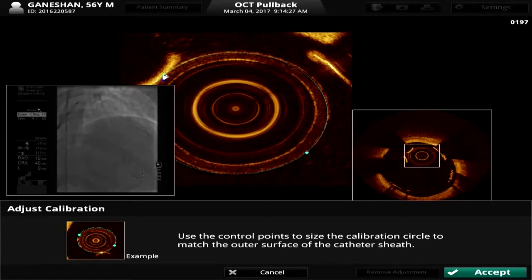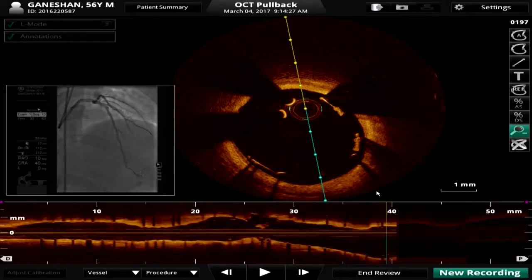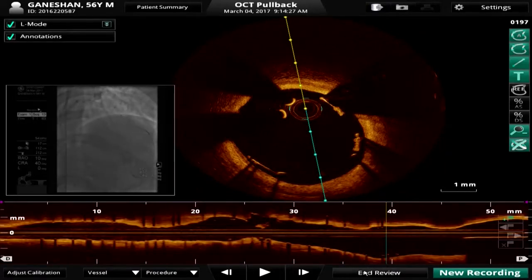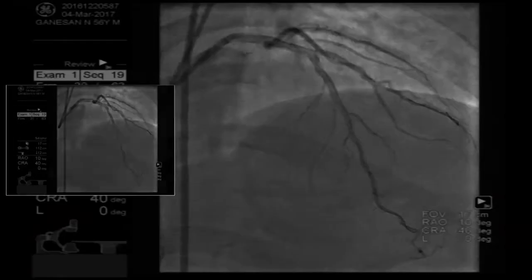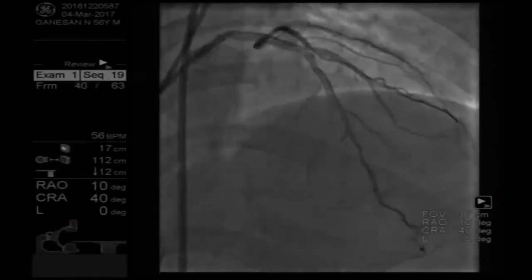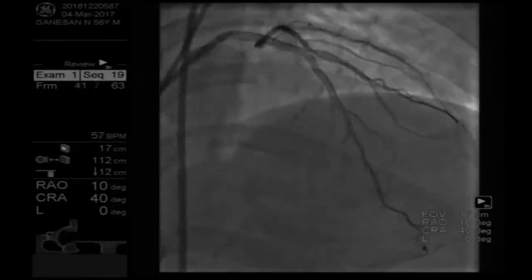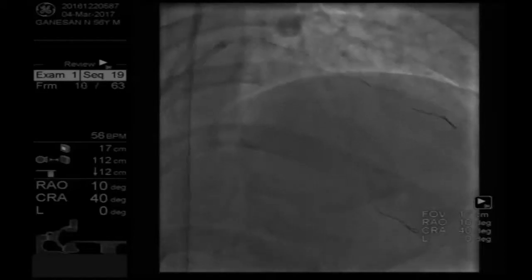Can you show the angiographic image? I think you should show it in the longitudinal view. Just move it a little bit to show side branch in the OCT, because there's some amount of malapposition in there.